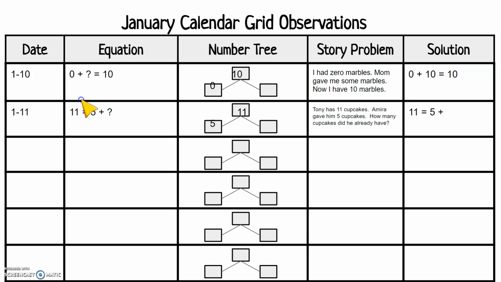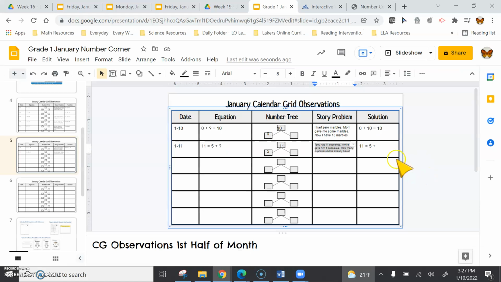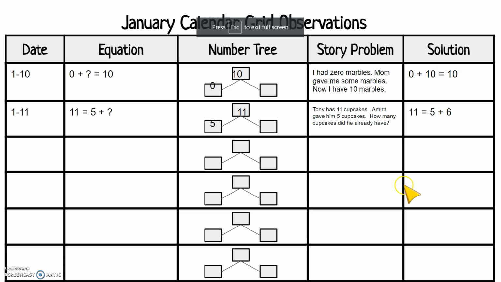You take the answer that you do have, and you subtract what you do know that you have already. So you really could say 11 minus 5. If you have 11 and you take 5 away, how many do you have left? If you said 6, you are absolutely correct. The answer is 6. Very, very good, All Stars.